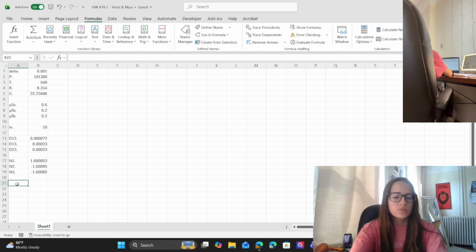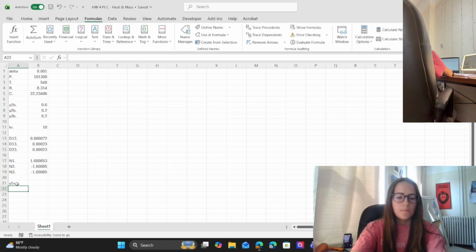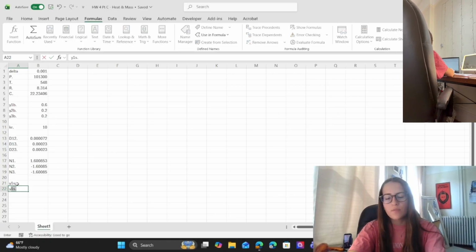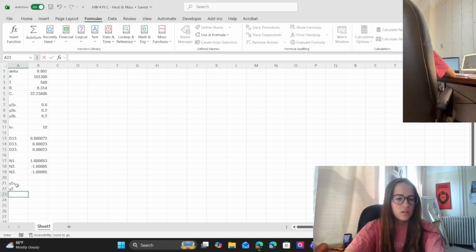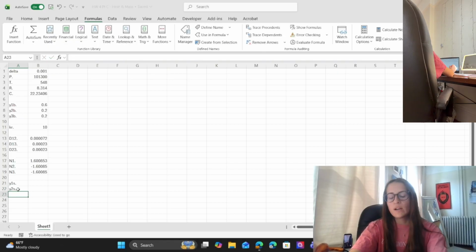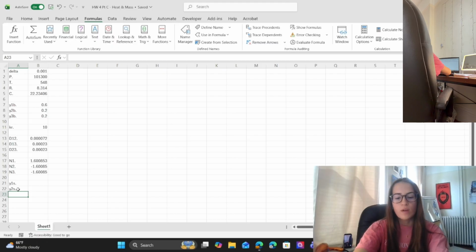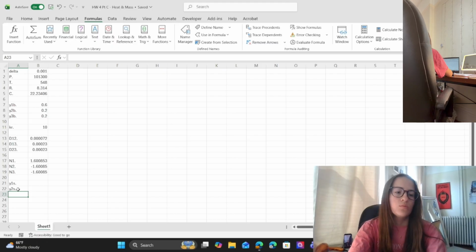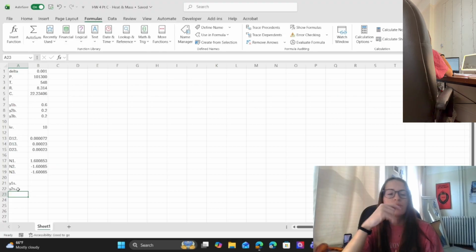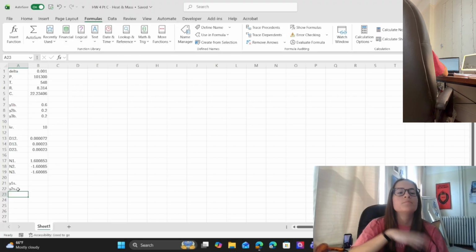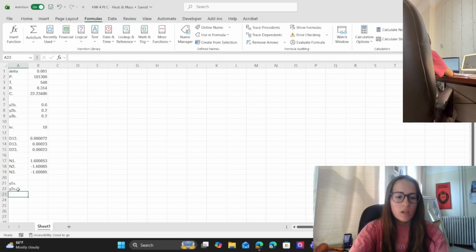And then we can also put down here what our guess was for the surface values. So that's the part that I put at the very end, where we said that y2 was equal to 0.5, right? And then y1 was equal to the flux of 1 divided by the reaction rate.